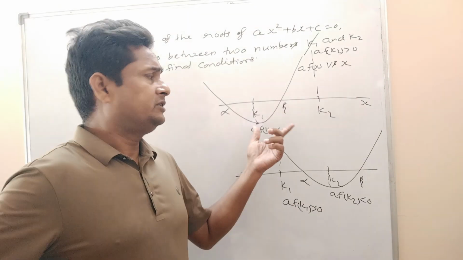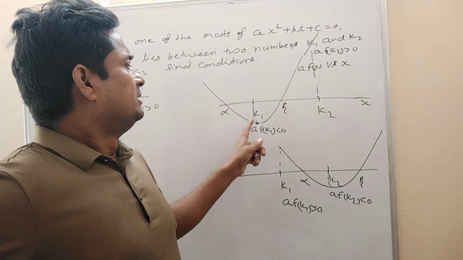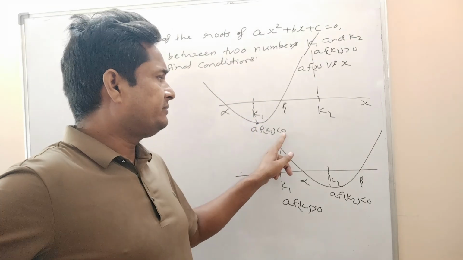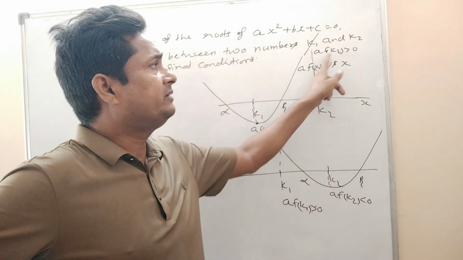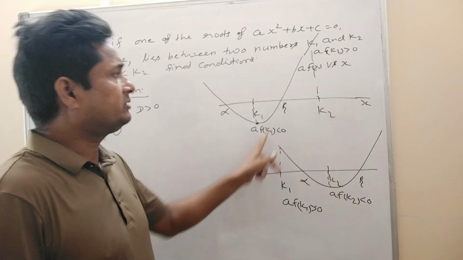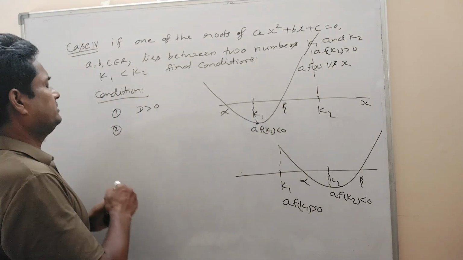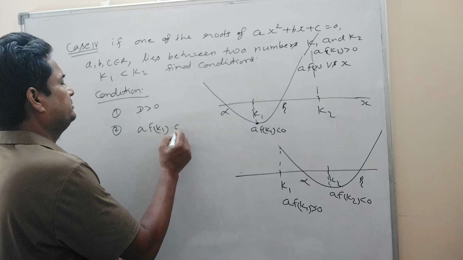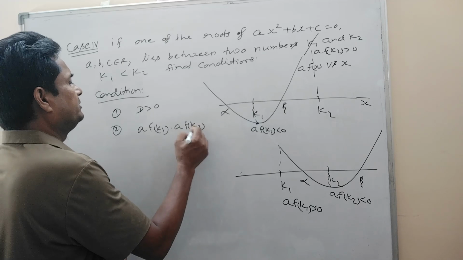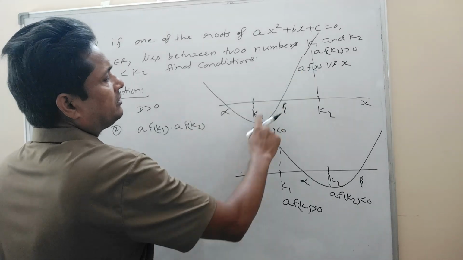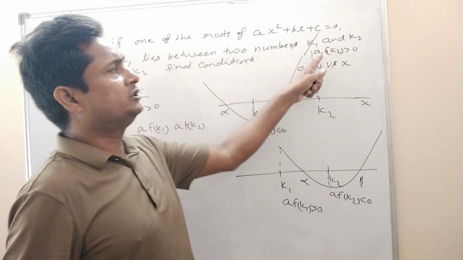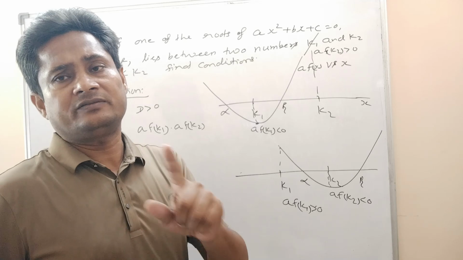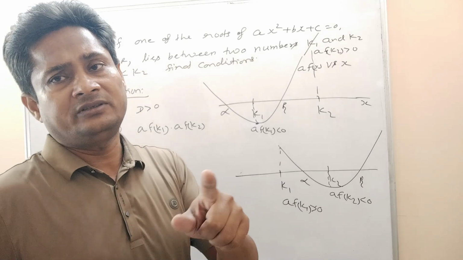If you see the product of a times f(K1) and a times f(K2), if you see the product of these two values, this is negative, this is positive. If you multiply, then the multiplication of a positive and a negative number will be what? Negative.